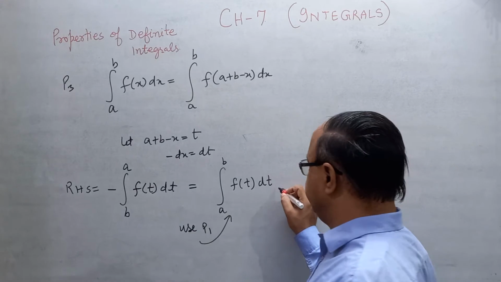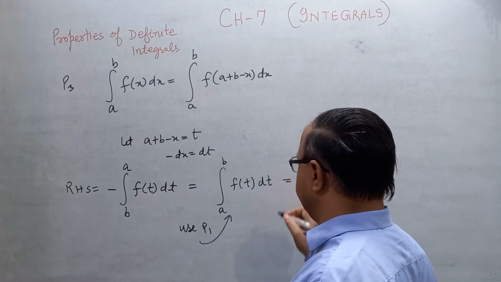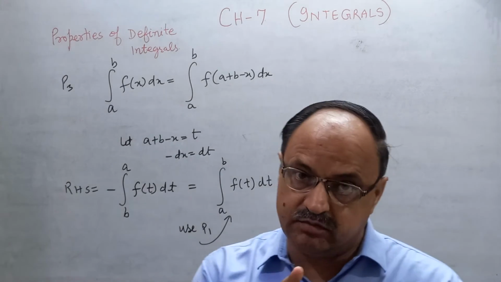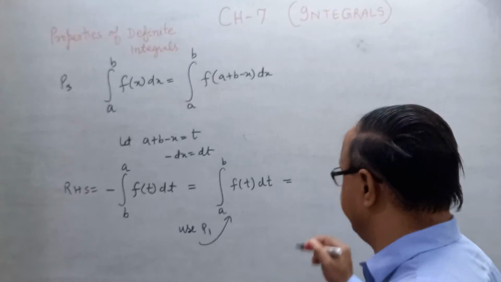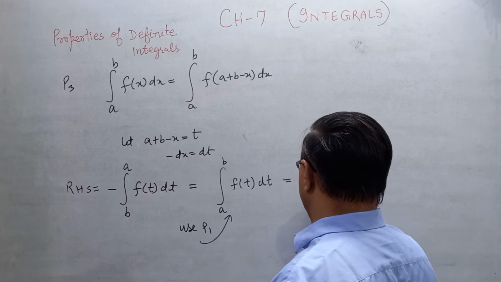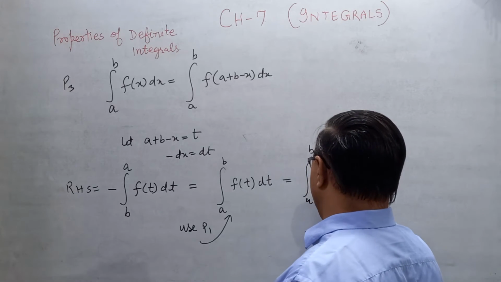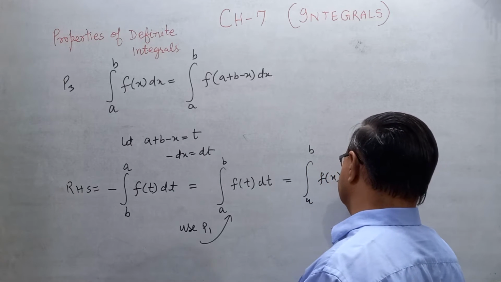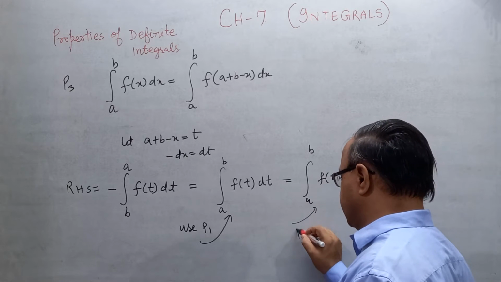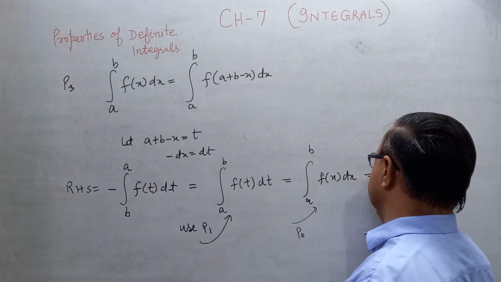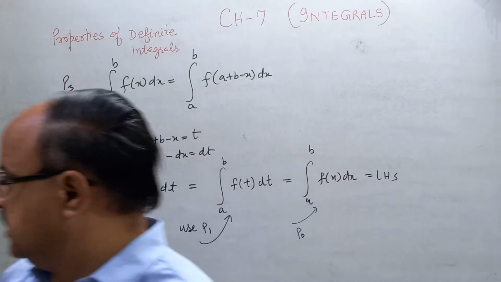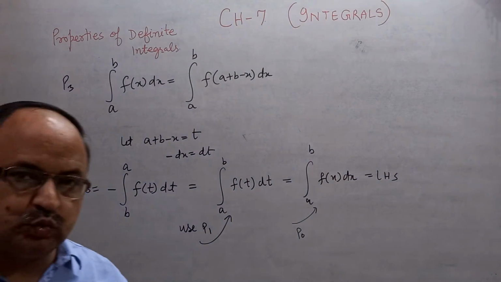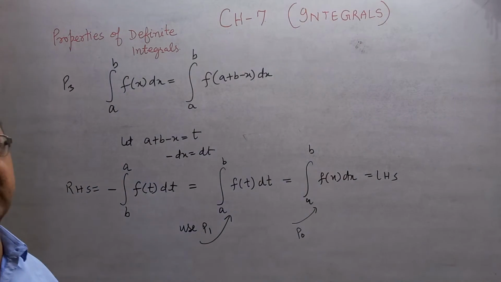Now use property P0. If we change the variable, then there is no difference. Now a to b f of x dx, here we apply property P0. That is the left hand side. Correct? You can prove all the theorems like that. All are very easy. Correct?